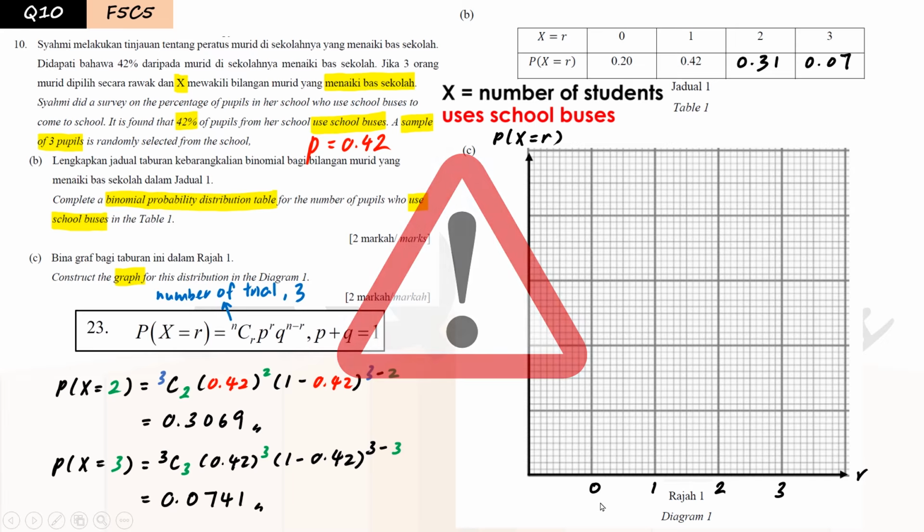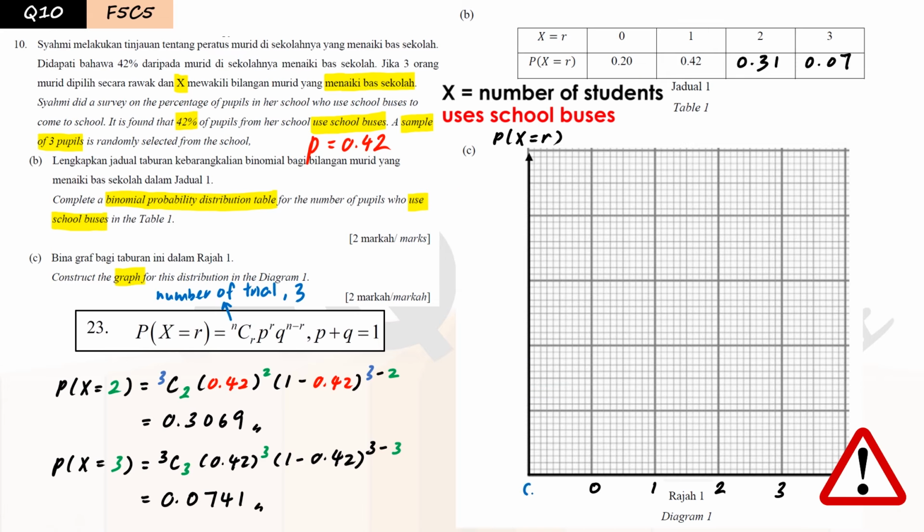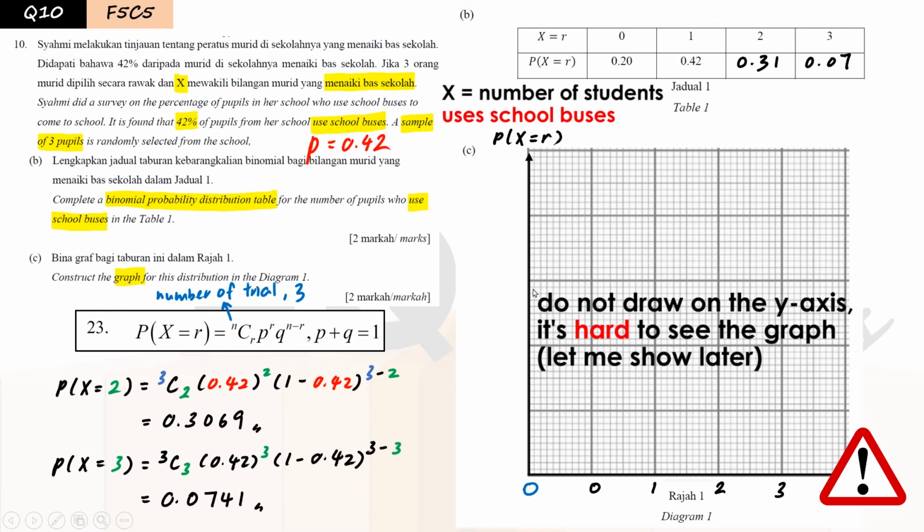So why did I not start 0 here? The reason is because later on we would be drawing the lines, and you can see if we draw this line here, it is conflicting with the y-axis. Then you cannot see what is the probability where x equals 0. So for the 0, I will usually move it here by not touching the y-axis.